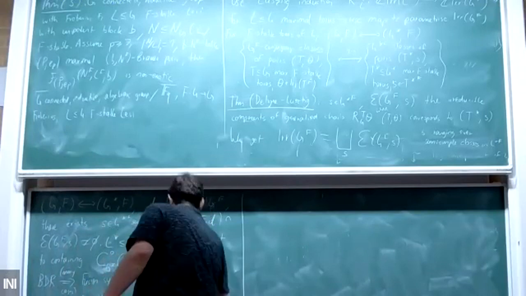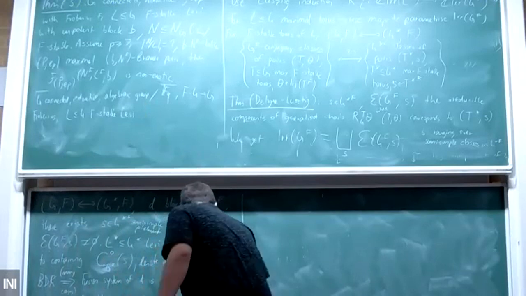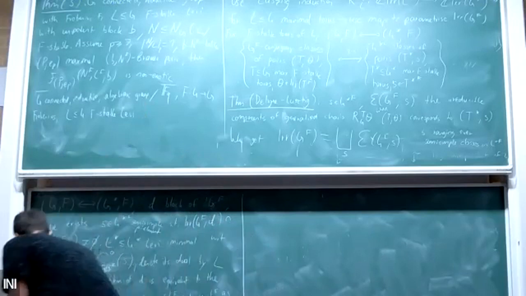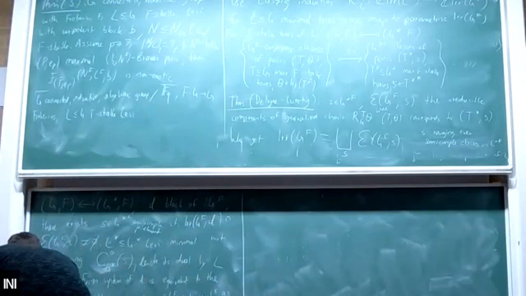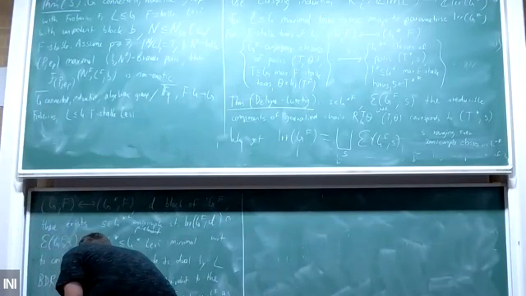And so now I can use my theorem, which is up here, to prove that the generalized block fusion system related to this normal extension is non-exotic.